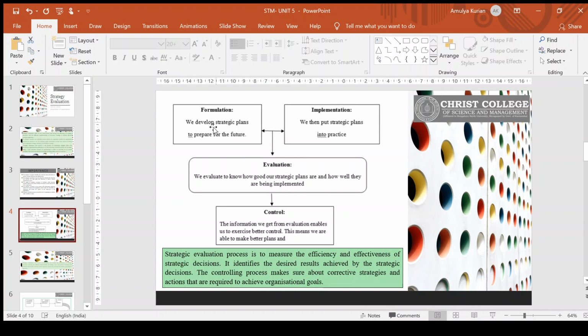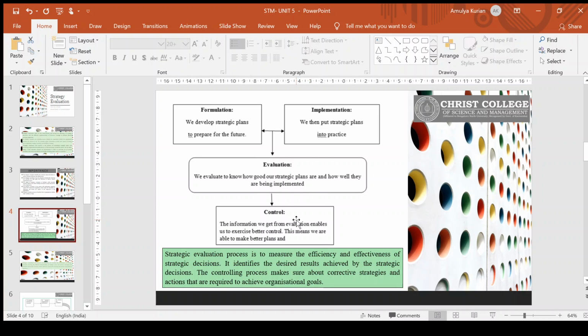We have seen formulation. In formulation, we develop strategic plans to prepare for the future. Implementation is how it is put into action or conducted in practice. Once this is done, we will be evaluating the strategies, how good our strategic plans are and how well they are implemented. That is done in evaluation, and control is based on the evaluation.